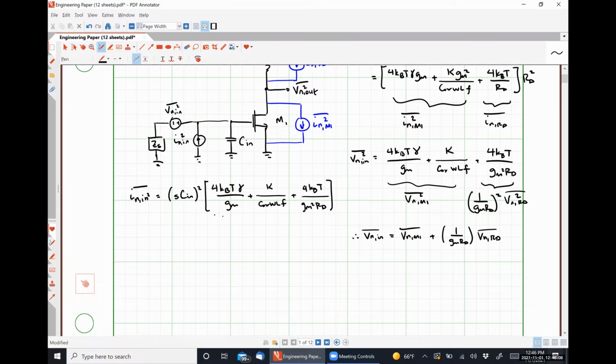And so this bit is exactly what we've defined to be VN M1 squared. And this guy right here is exactly what we've defined to be 1 over gm RD squared times VN RD.